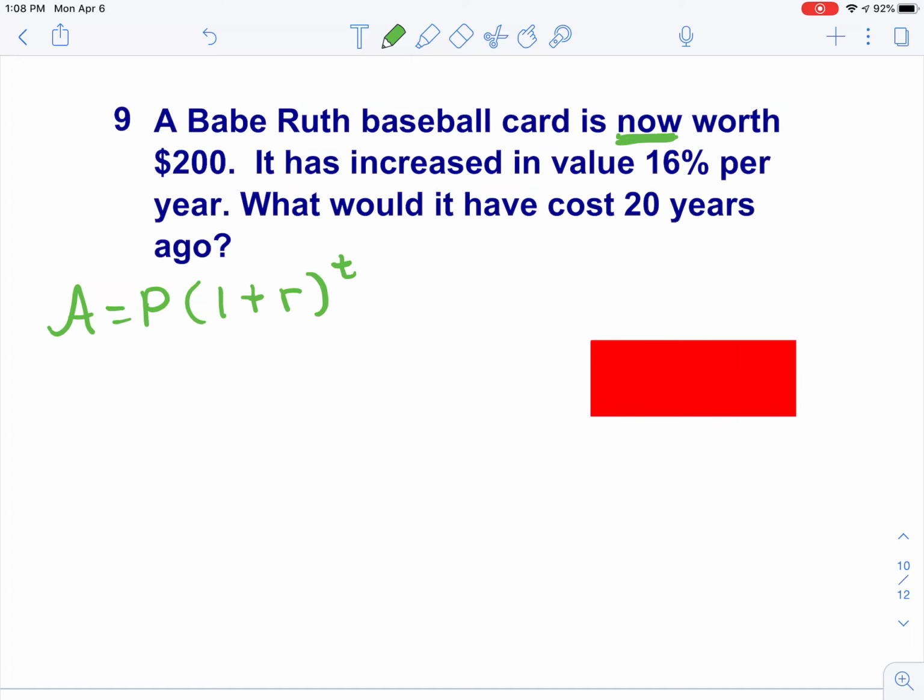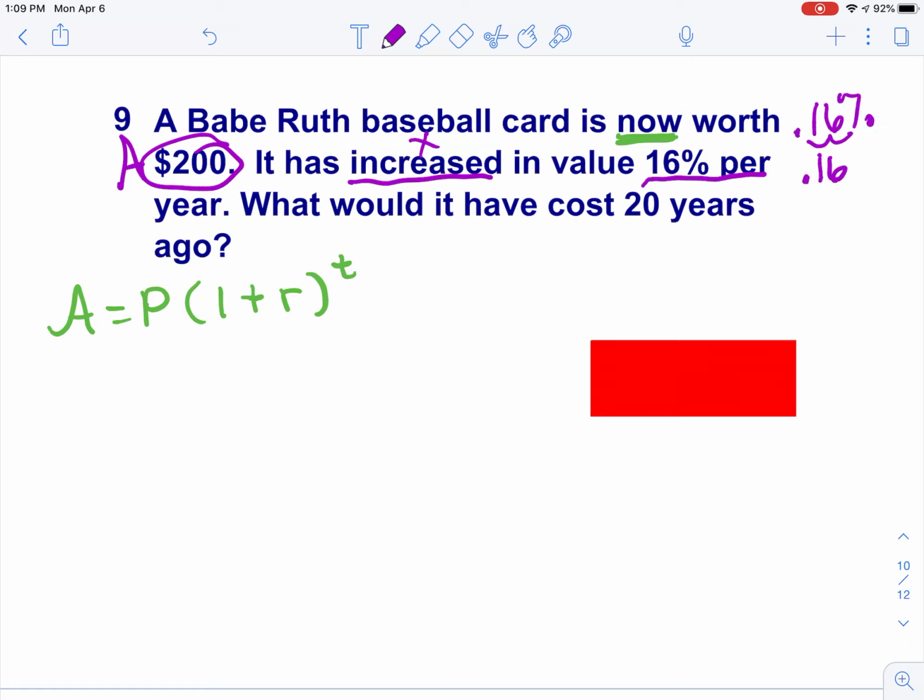Now we have to pick out everything we need for this. Since it is now worth $200, that's going to be my A value. Increased is where we get our plus. 16%. So 16%, move your decimal place.